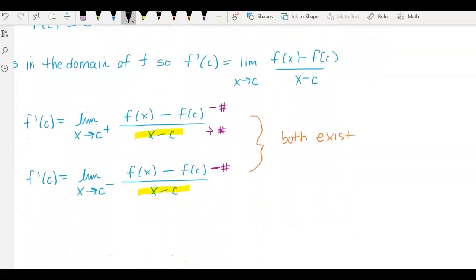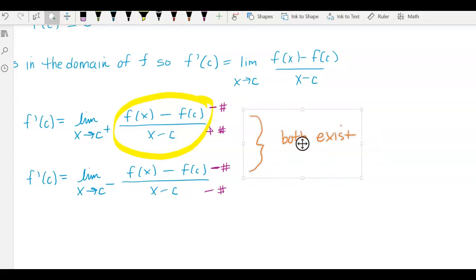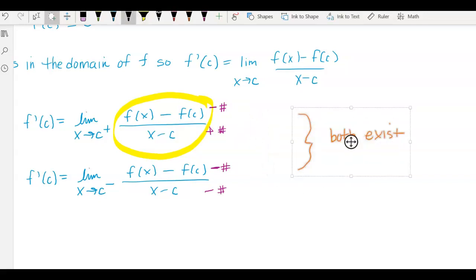So x minus c is going to be a negative number. Putting this all together, this quantity here is going to be less than or equal to 0. I've got a negative number divided by a positive number.